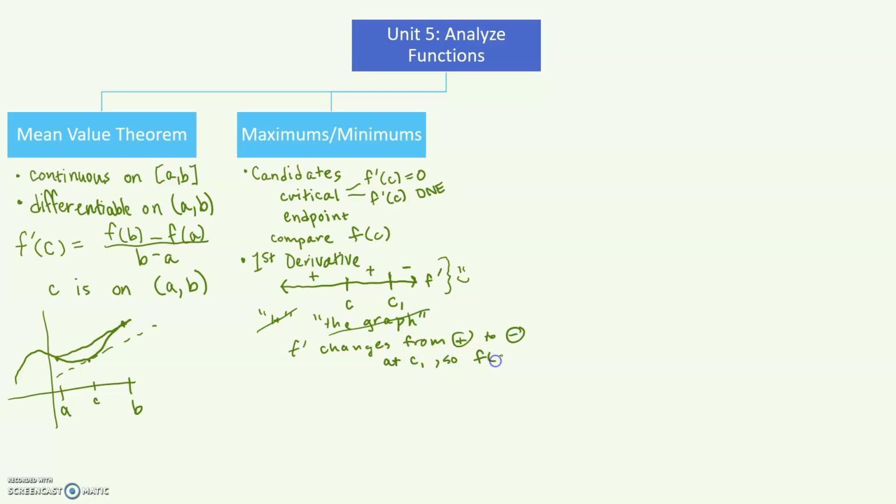So f of c sub 1 is a max. Use very clear language, and also remember that the c and c sub 1 are x coordinates, but your maximum value will be the y coordinate of the function. So that's the first derivative test, and then we also had the second derivative test.